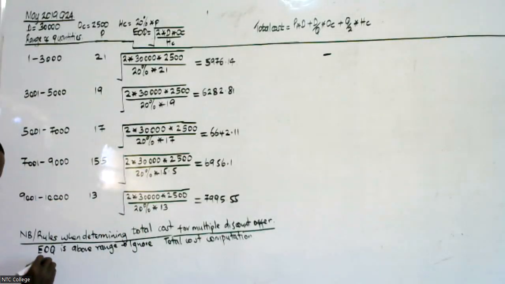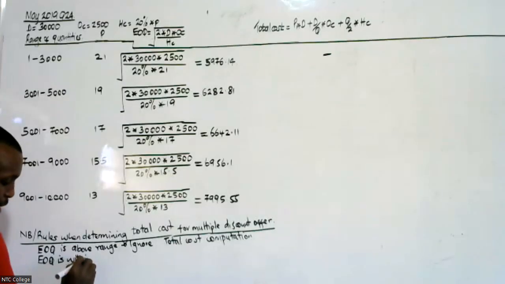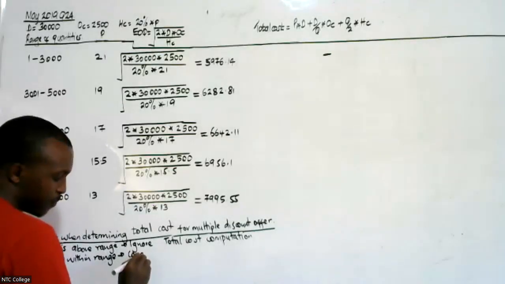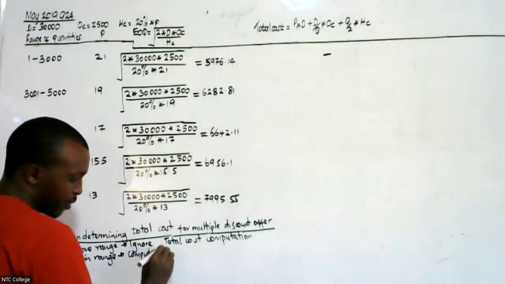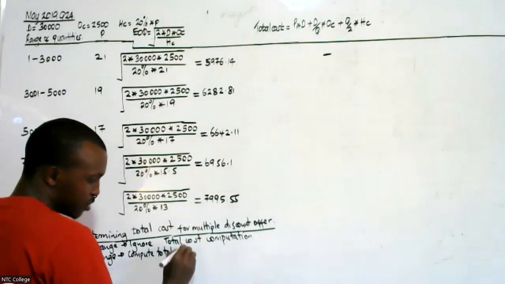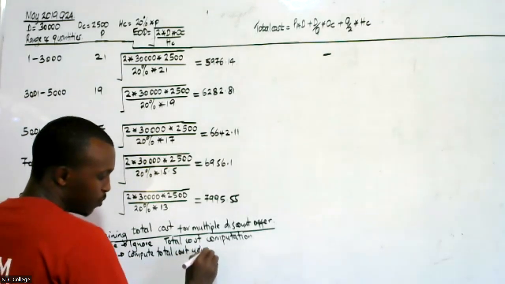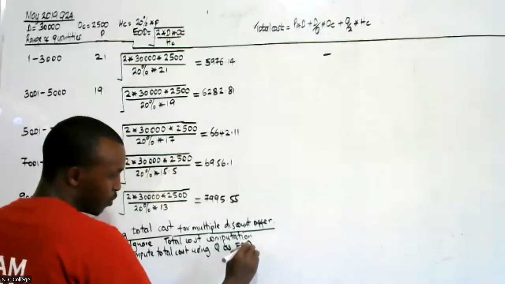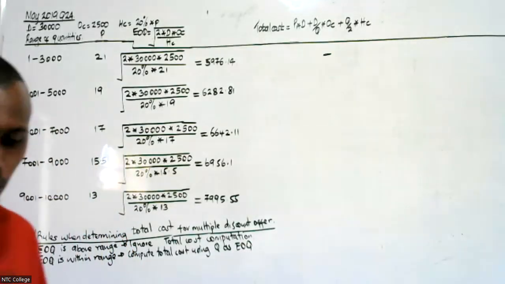If your EOQ is within the range, compute total cost using Q as EOQ.